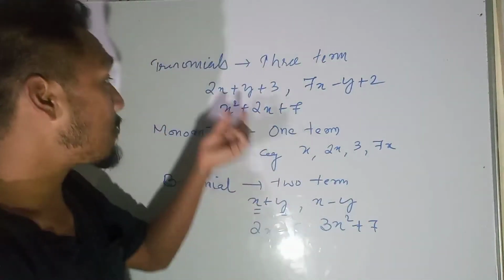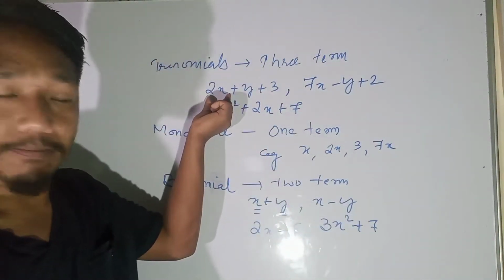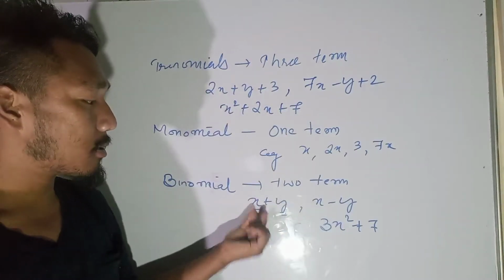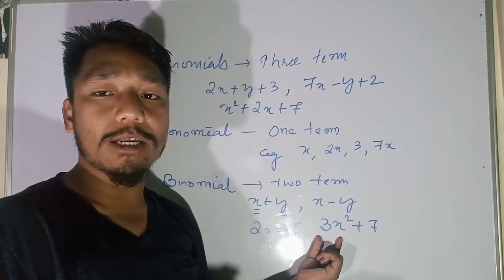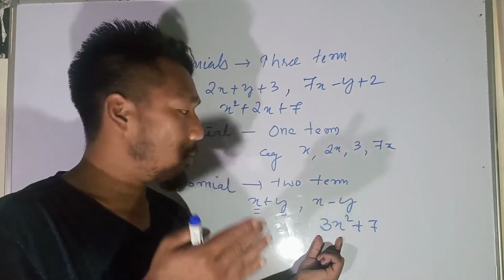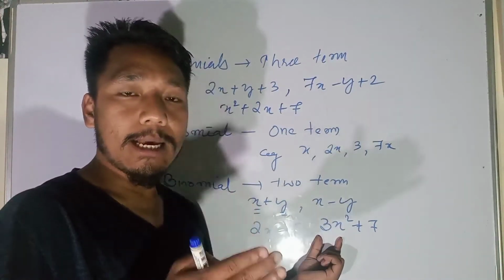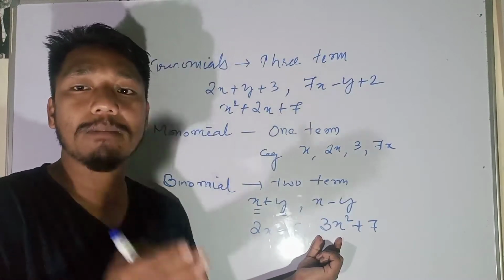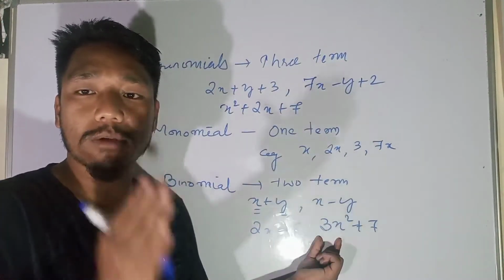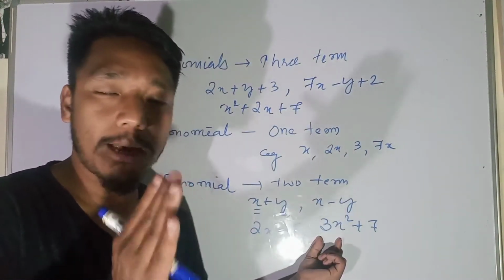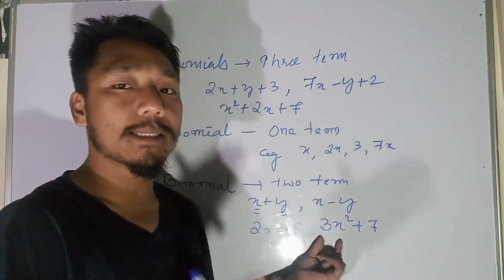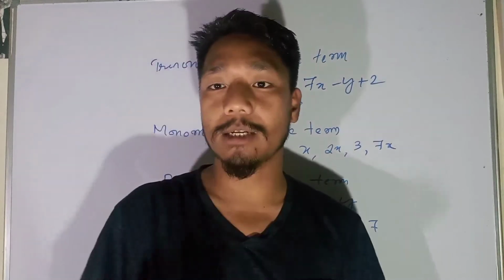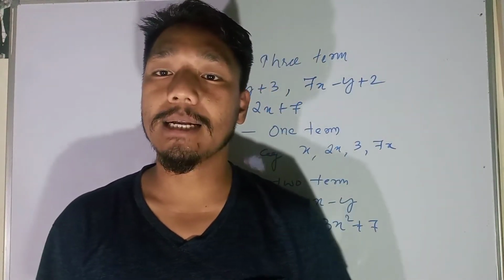Why? 2x is a single term. Likewise 3x cubed is in multiplication, but we cannot consider it a binomial. The terms are always separated by addition and subtraction only. If it is multiplication or division, then that is only a single term.